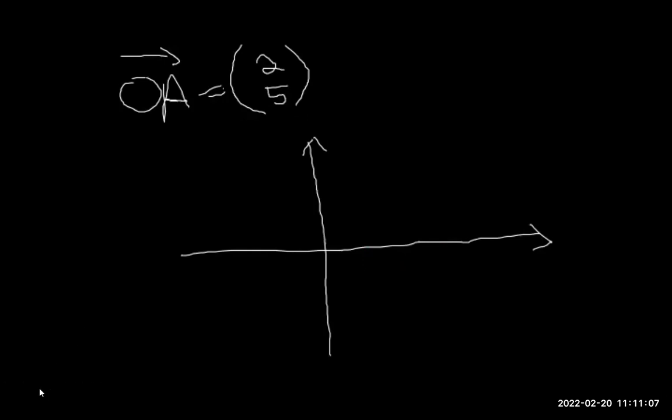Position vector. So I must start at the origin. That's what that capital O means, right? Starting at the origin, going to the point A. So origin, right hand. My column vector is 2, 5. So what does that mean? Remember, the column vector is in this form. So because this is a positive number, that means from my starting point, which is the origin, I need to move 2 spaces to the right.